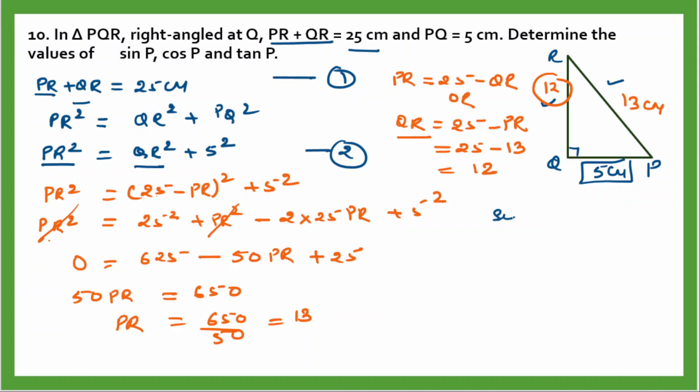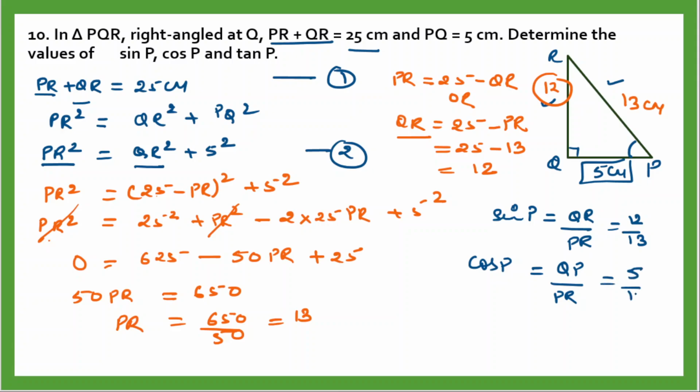What is your sin P? Sin P is equal to QR divided by PR. It is equal to 12 divided by 13. What is your cos P? Cos P is QP divided by PR. It is equal to 5 divided by 13. And what is your tan P?